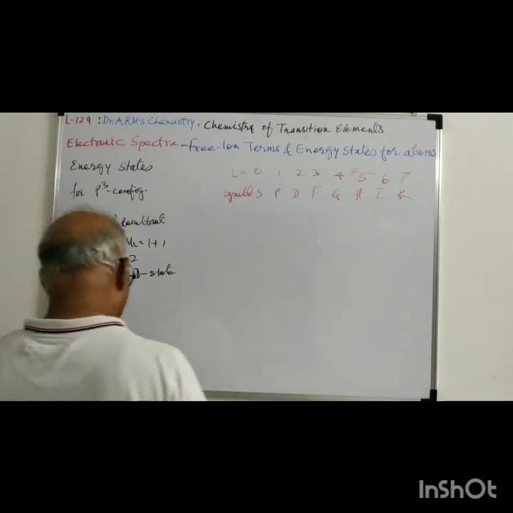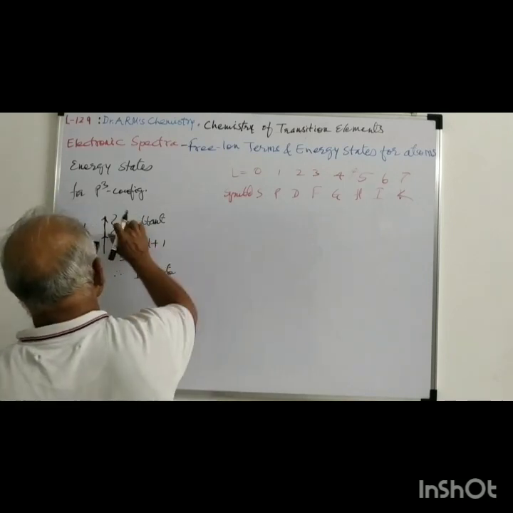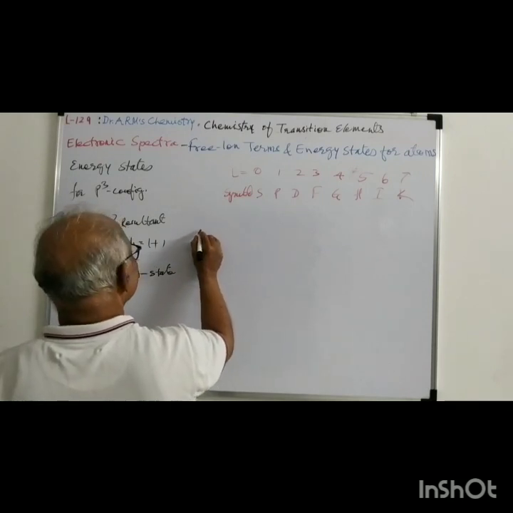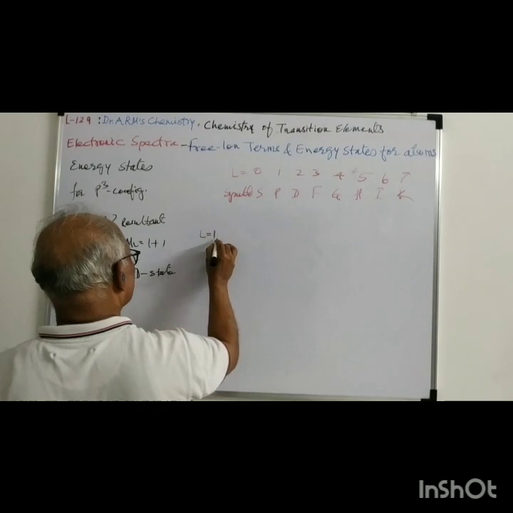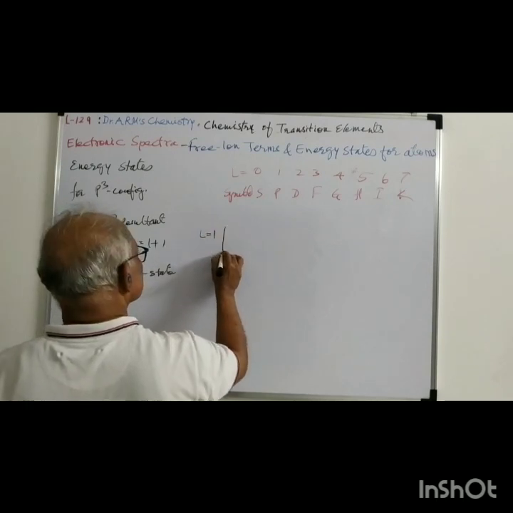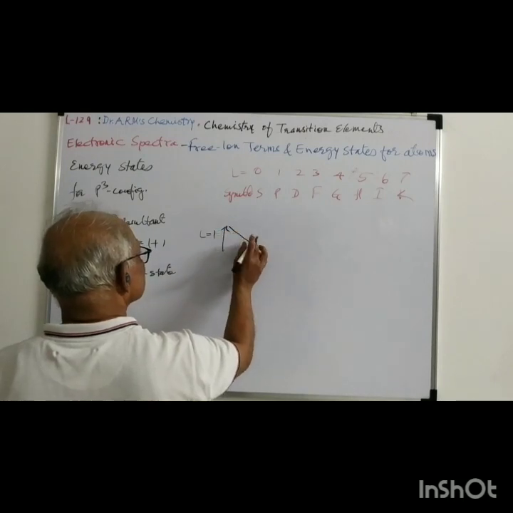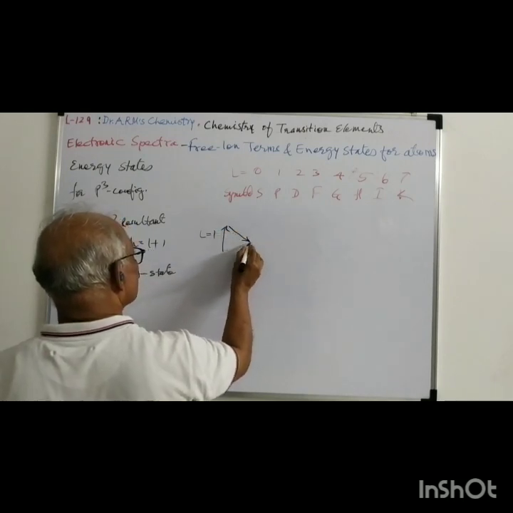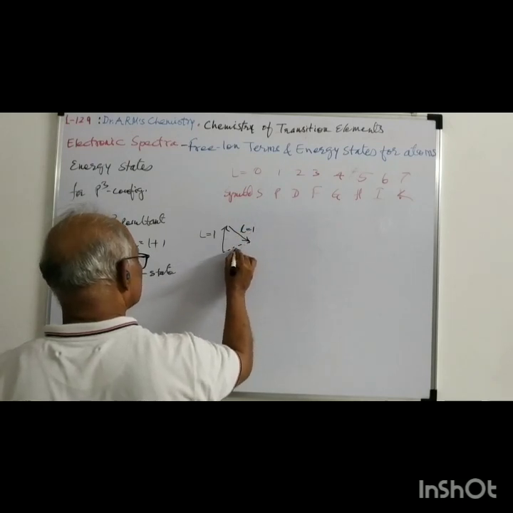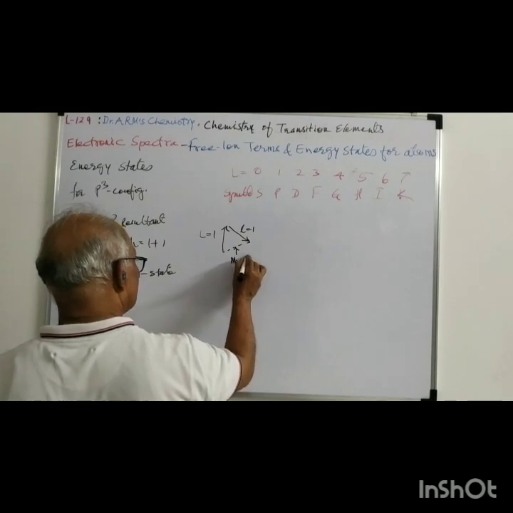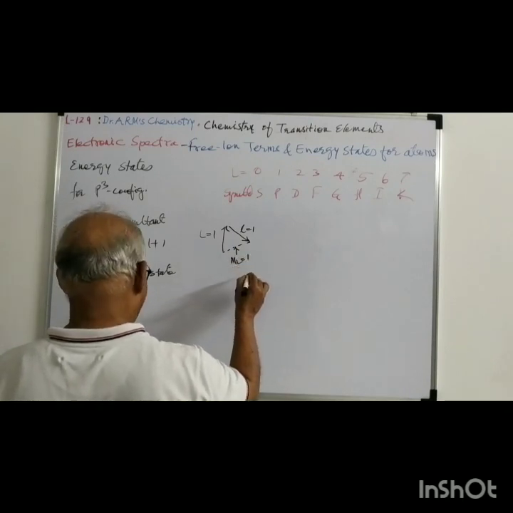Then if the direction is changing, then we will have this L is equal to 1 with the same length. This L is also equal to 1, and this is also equal to 1, that is ML is equal to 1.